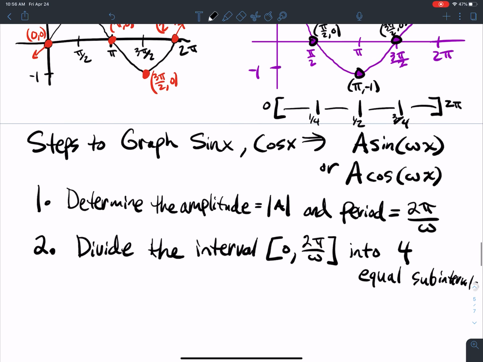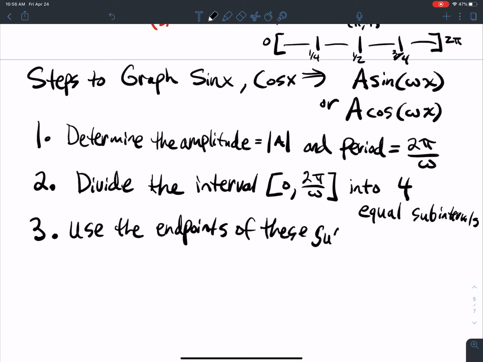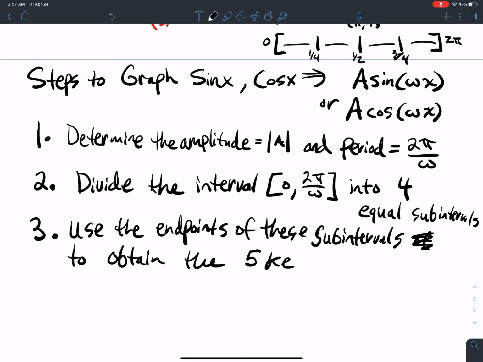Now step 3: we're going to use the endpoints of these subintervals of the same length to obtain the 5 key points on the graph.